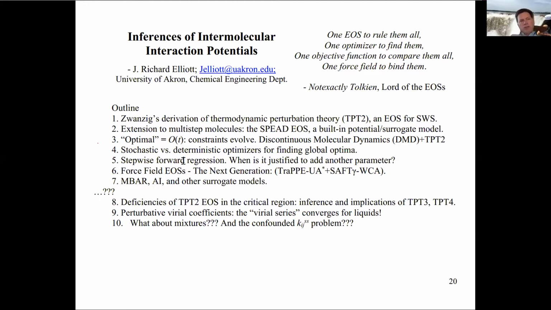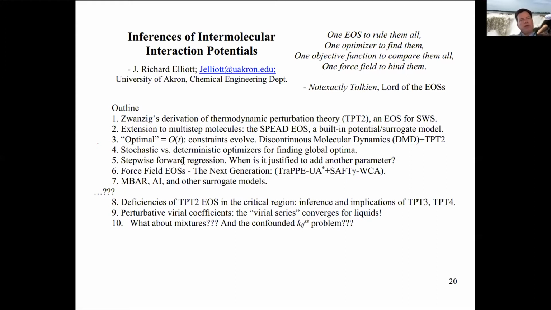Then there's a concept in general about force fields, that essentially what we're doing is a stepwise forward regression, and that's a well-known methodology within the statistics world. You start with a minimalistic model, and then you add some new features, some new parameters.